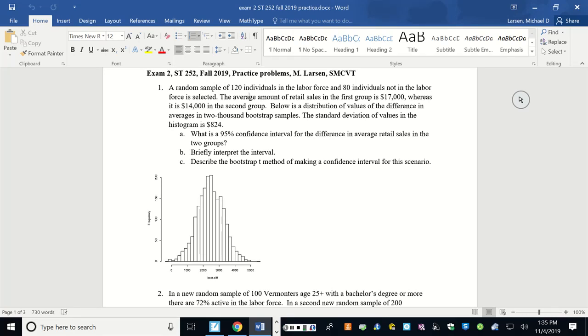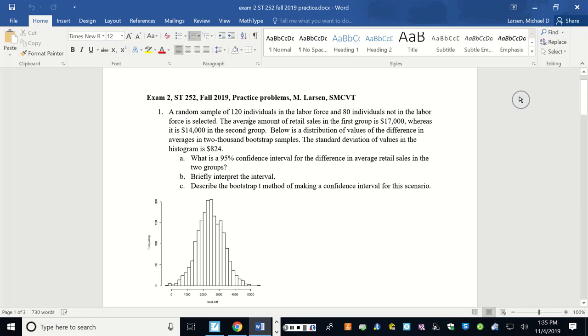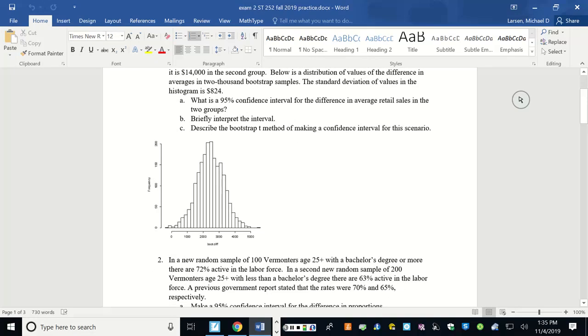If this is the histogram of the values, one way we did intervals was to just eyeball it. Take the points on here and say, well, maybe 500 up to about 4,500 would be something like an interval, a kind of guide to where it is.